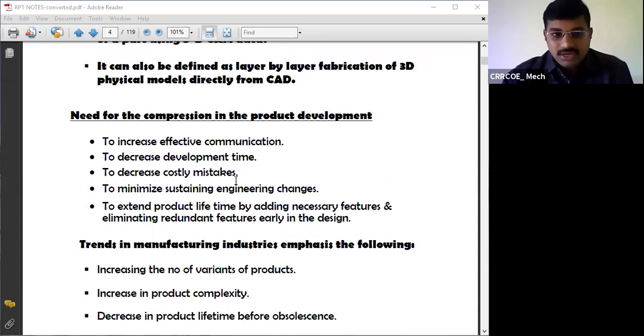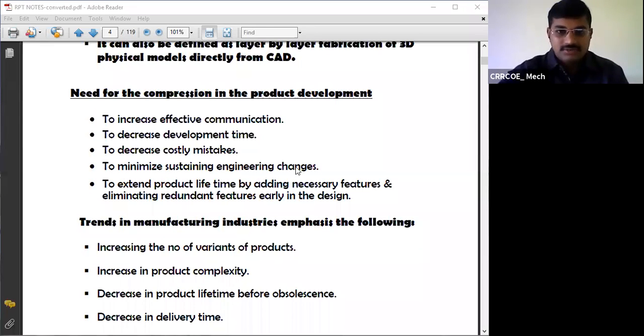What aspects are we going to minimize by using this in the product development cycle? The product life cycle, we call it PLC, sometimes the product development life cycle.